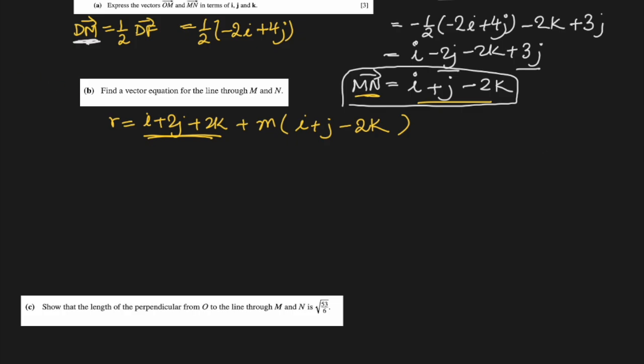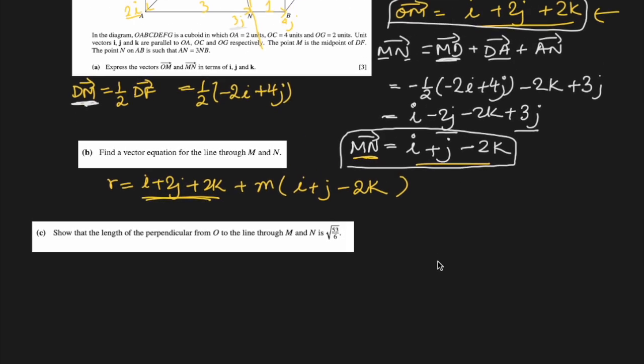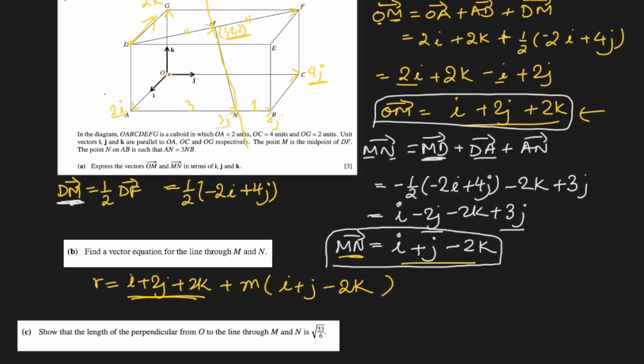Okay, what next? Show that the length of the perpendicular from O to the line through MN is square root 53 over 6. From O to this line, this length, they're saying prove that this length is square root 53 over 6.